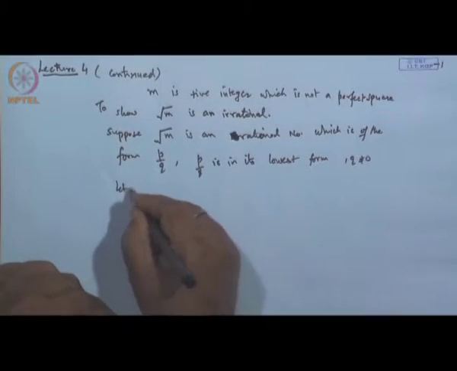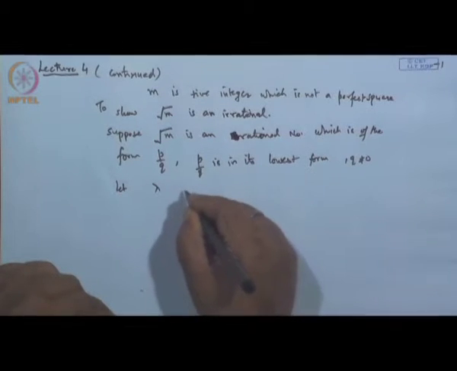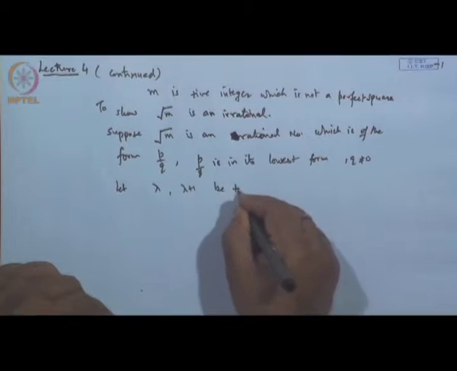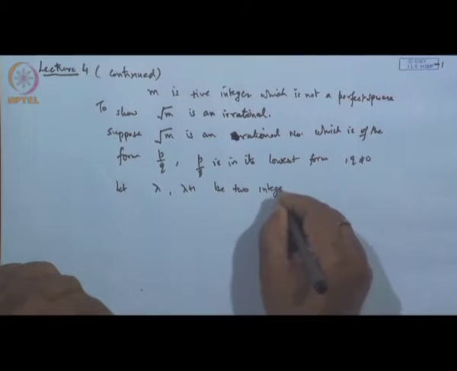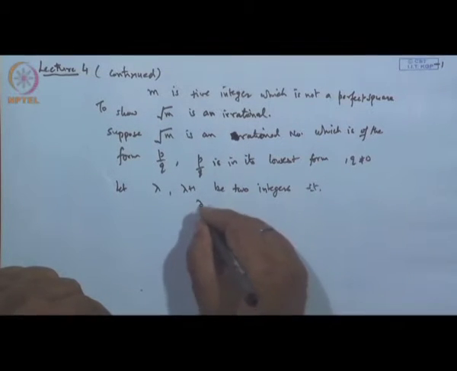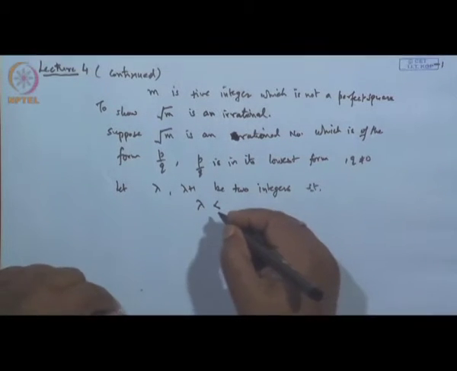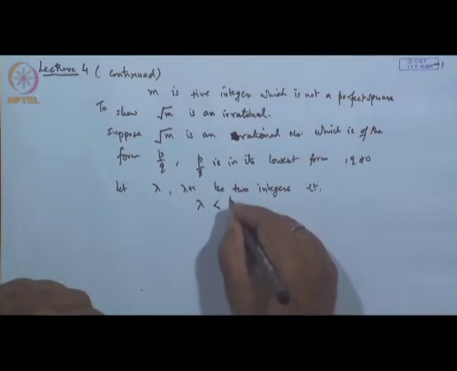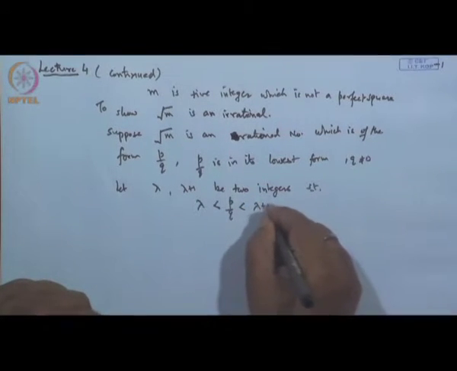So, let lambda and lambda plus 1 be the two integers such that lambda is less than p by q, which is less than lambda plus 1.